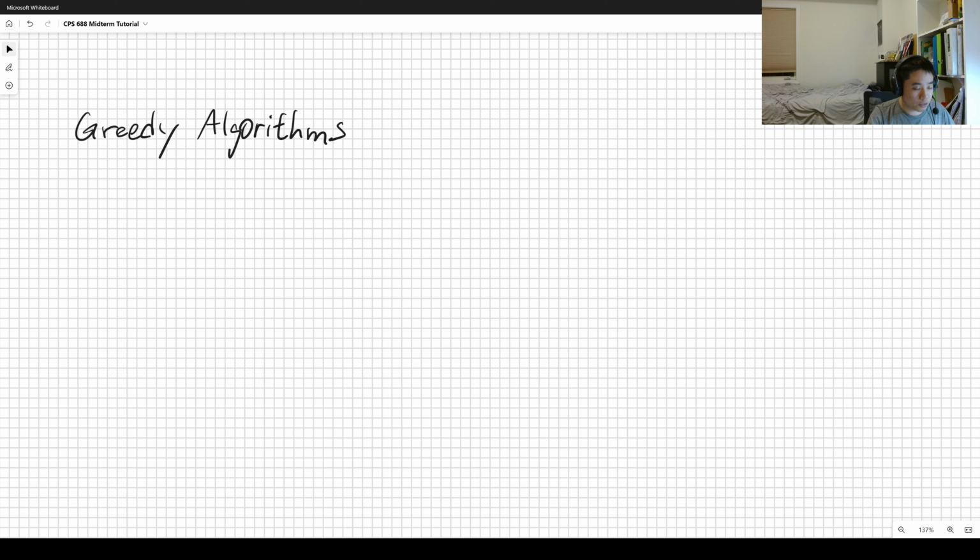So I'm going to look at greedy algorithms now. And for greedy algorithms, how to identify if an algorithm is greedy or not: an algorithm is greedy if it involves building up a solution in smaller steps.